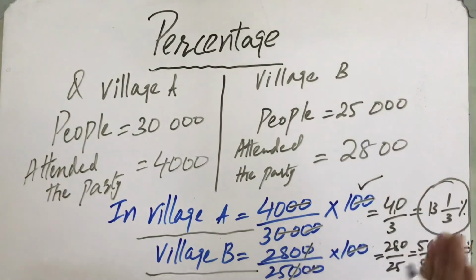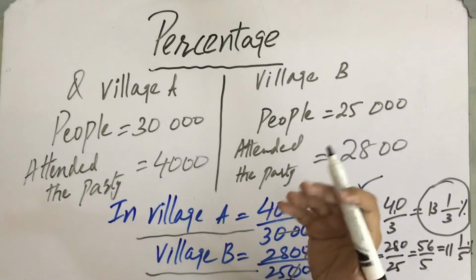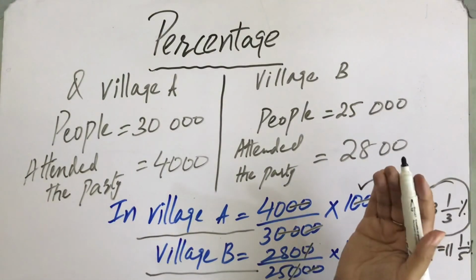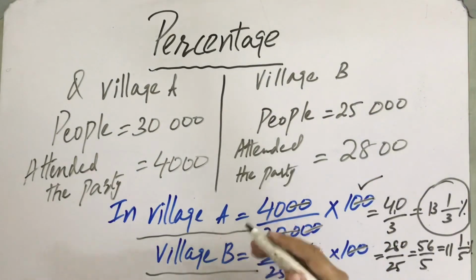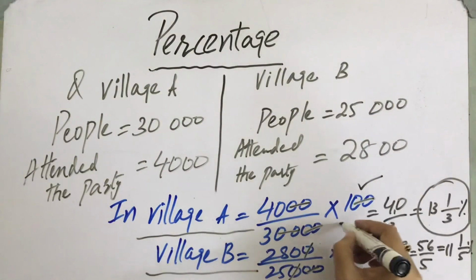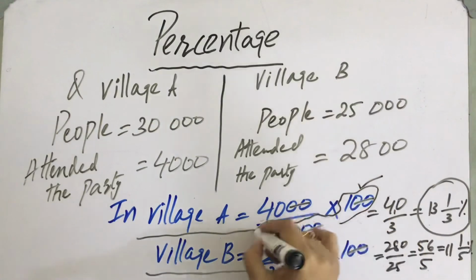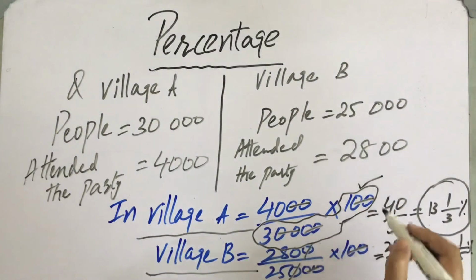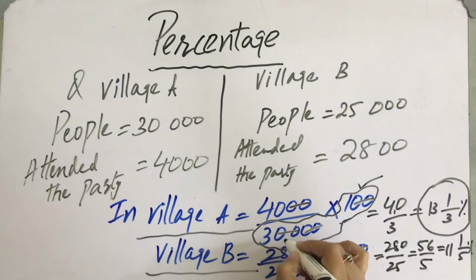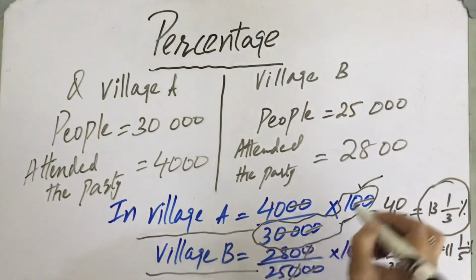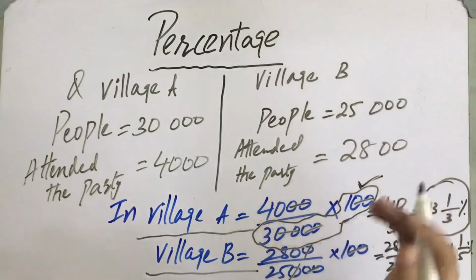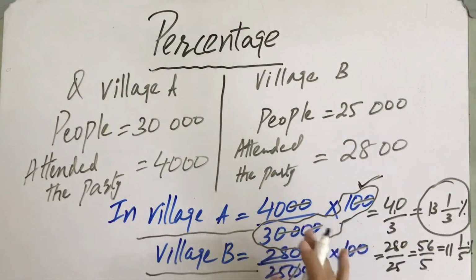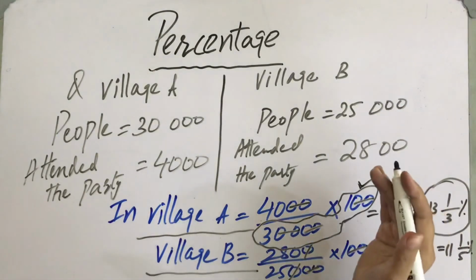But when we are given the percentage and we have to find the number of people or items, we have to remove the percentage, divide by 100 and multiply with the total. So these two quantities change place with each other. 100 comes in the denominator when we have to remove the percentage and multiply with the total, and 100 comes here and we divide with the total when we are finding the percentage. Thank you.